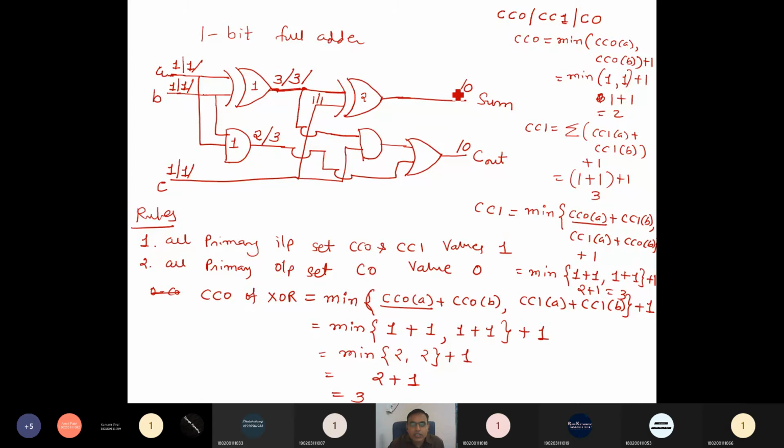And for the second AND gate, use the output of the first XOR gate, which is 3, 3, and the other input C, which is 1, 1, and calculate the output. Then calculate the carry out, its CC0 value and CC1 value. Now start calculating.